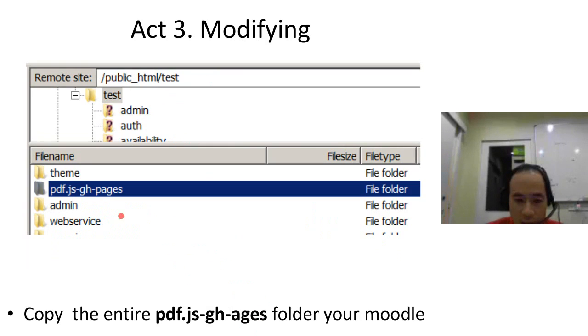And then, early on we talked about pdf.js. I told you there was a download button. We could download the zip file. So I downloaded the zip file, and then I FTP'd the entire contents of that zip file into my Moodle site.